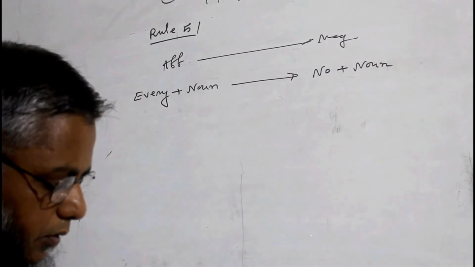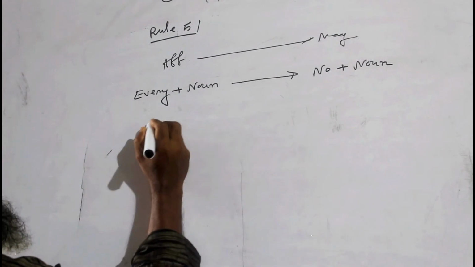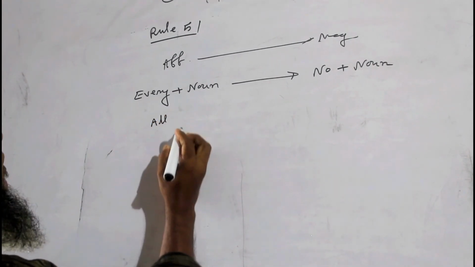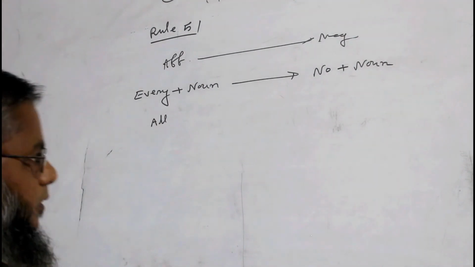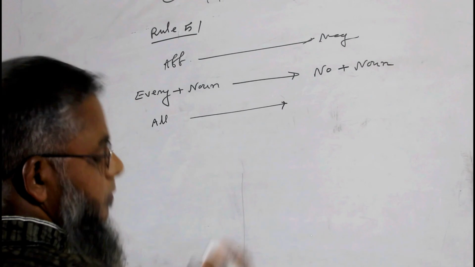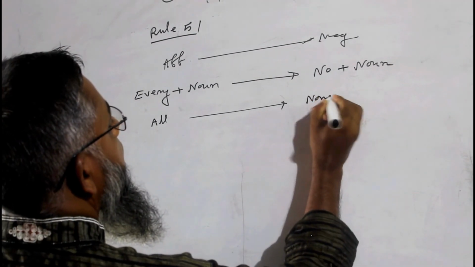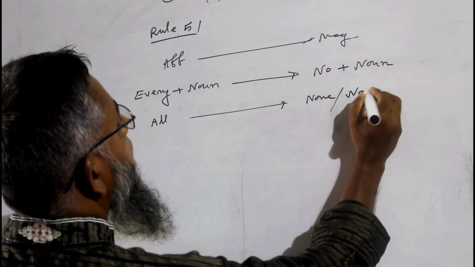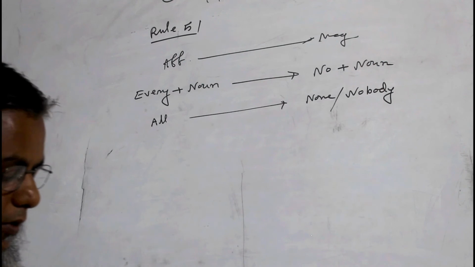If you say all in the affirmative sentence, you have to use none or no one in the negative sentence.